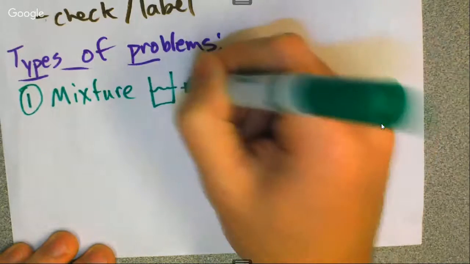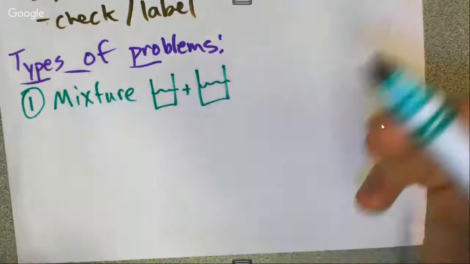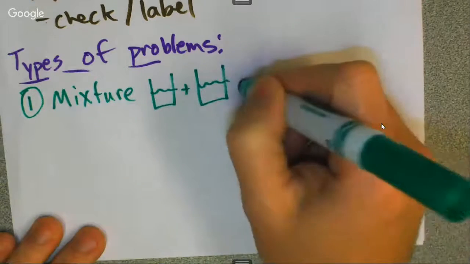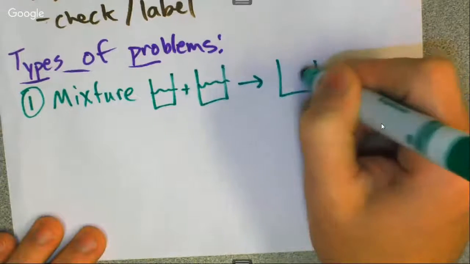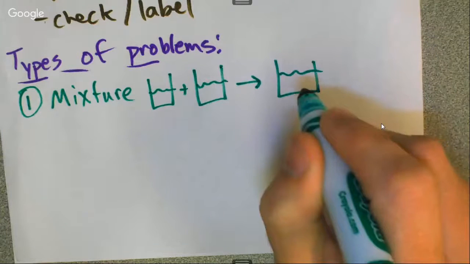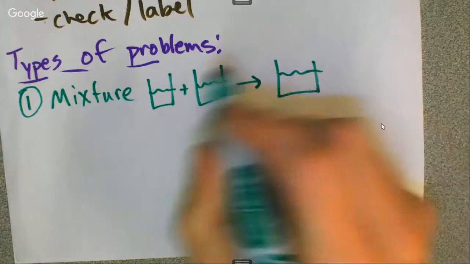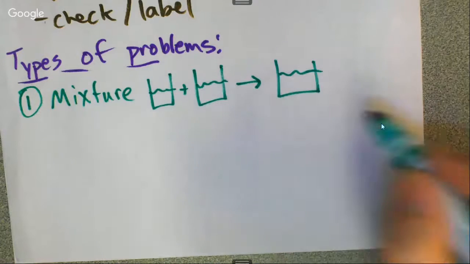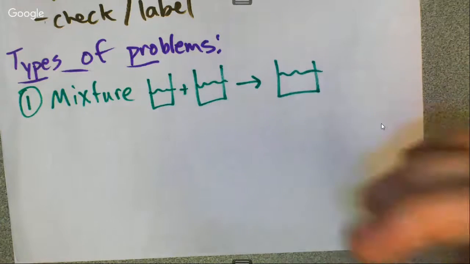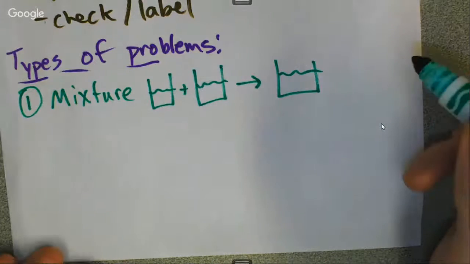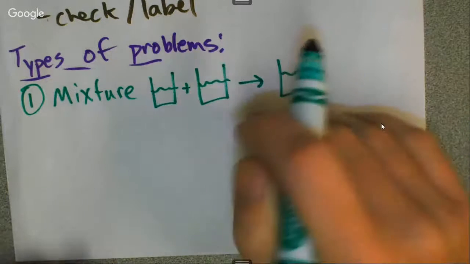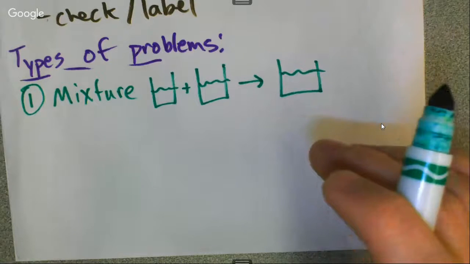You're taking two liquids or two molecules or something, and you're combining those together to get one overall concentration. Okay, so this could be like 2%, this could be a 5% concentration, and I want to end up with some other type of concentration. Okay, and how much of each do I need? So mixture problems are really fun because you do them in chemistry a lot, so I just like them.